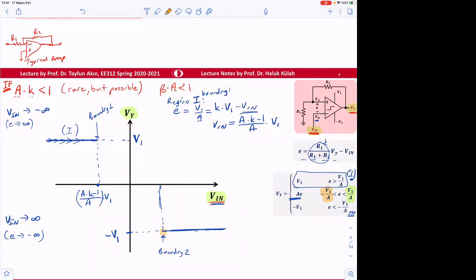And so how can we calculate that? Boundary 2, region 3 boundary.